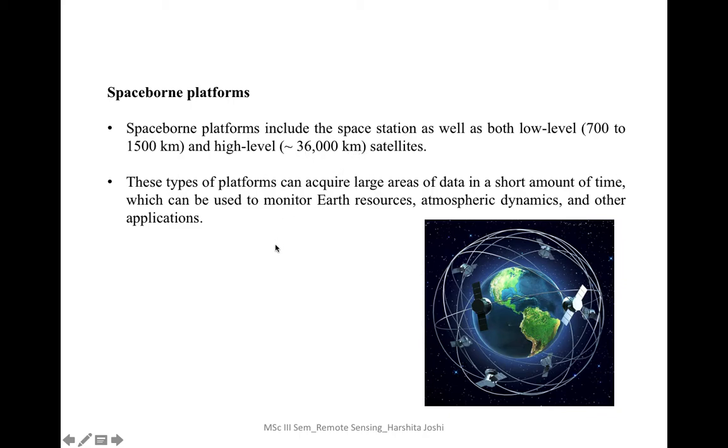So these sensors present on platforms in space can acquire data of very large areas.